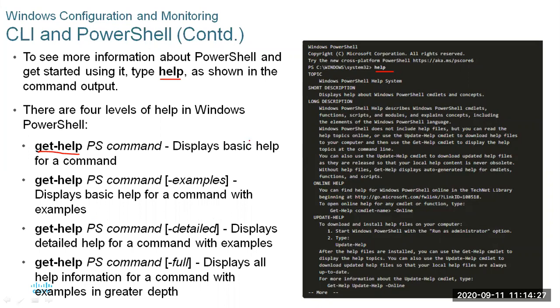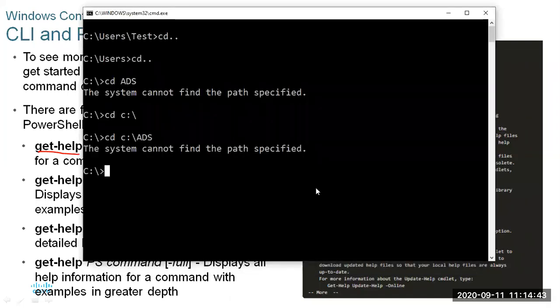So the whole idea is that you are in the command line. Let me show you. Let me do a sample so that you understand what I'm saying. So it's my command prompt, right?